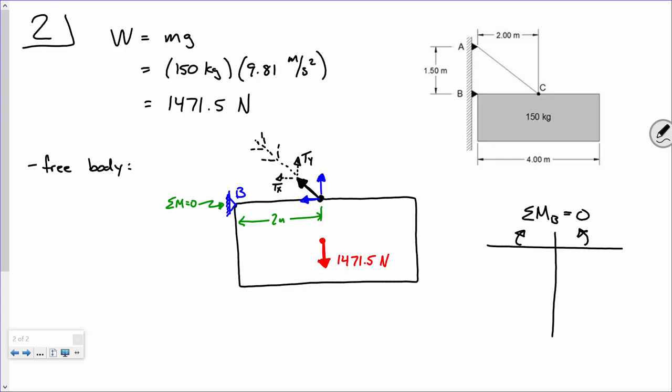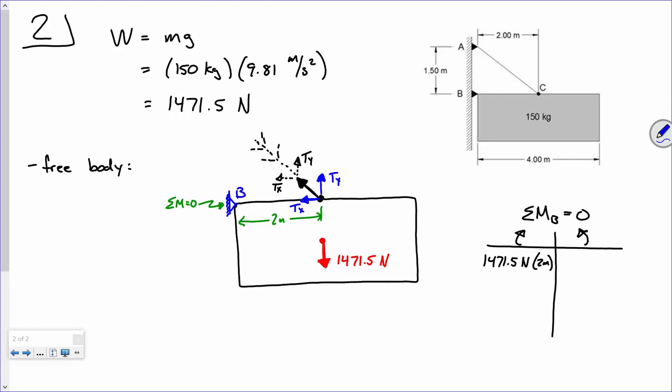So, I say that goes over here. And then I've got Tx and Ty. Tx doesn't cause any moment at all because it's going right through B. Ty does, and what's its moment arm? 2 meters.